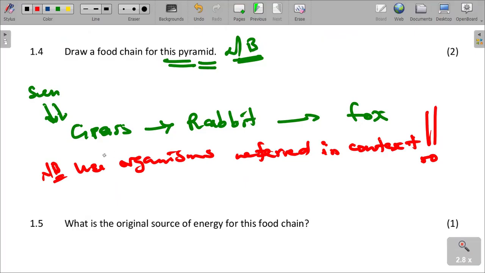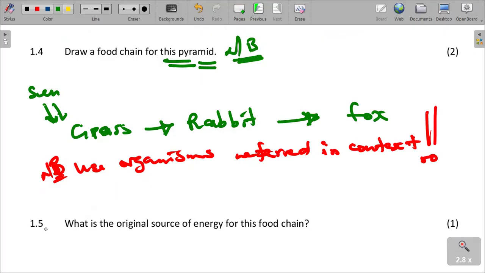You are supposed to use organisms that are referred to in context, not to assume your own. So grass, rabbit, and fox is the order of the organisms that we are given. The food chain that comes out of this is supposed to have those organisms. I'm sure that we are understanding this.